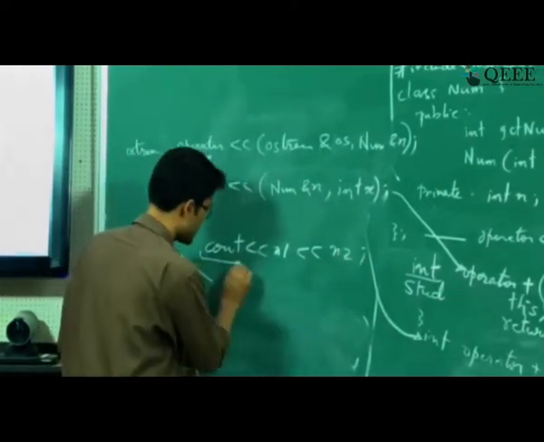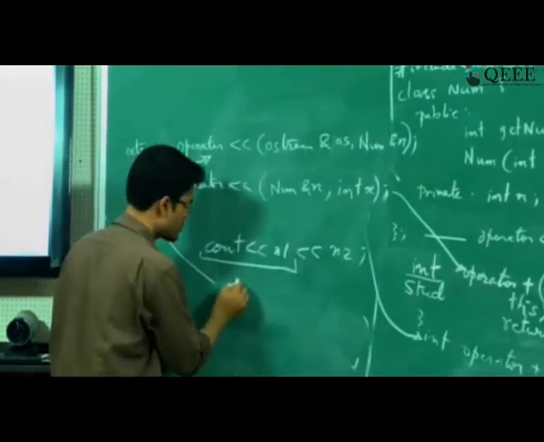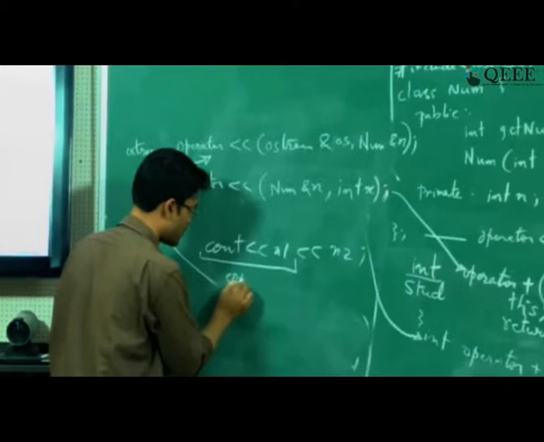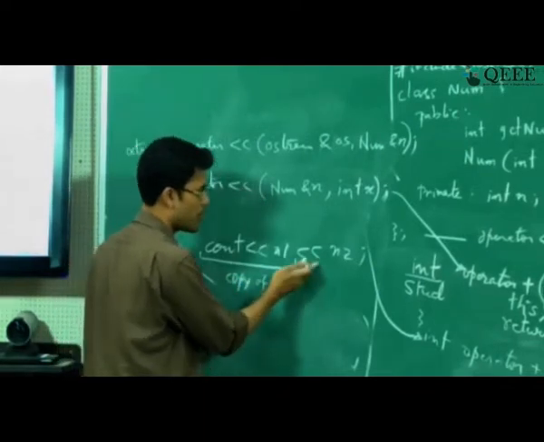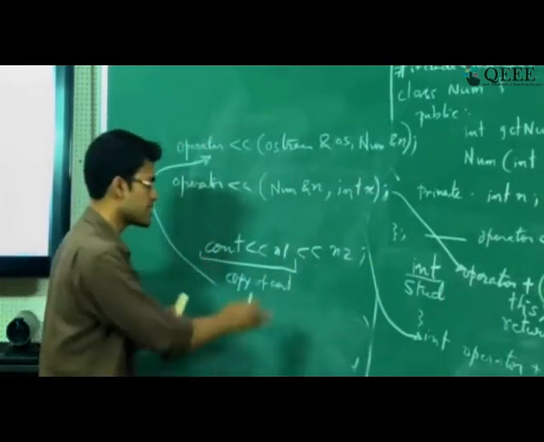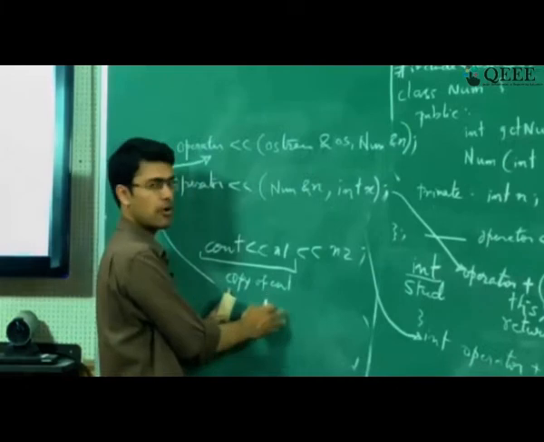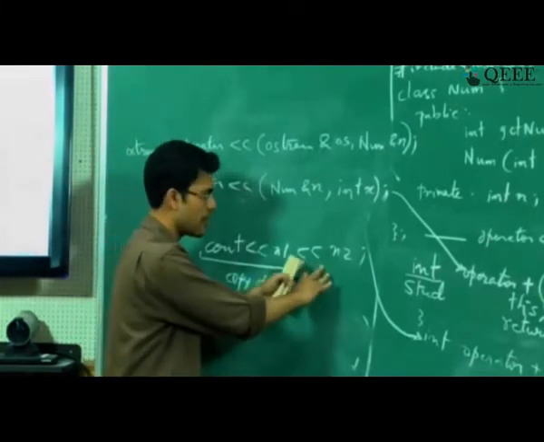This is going to return a copy of cout, and on that copy I'm going to invoke the left shift operator. This is allowed because the type of the copy of cout is also OStream, and that OStream left shift is defined.